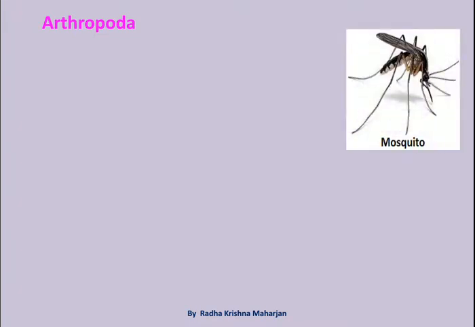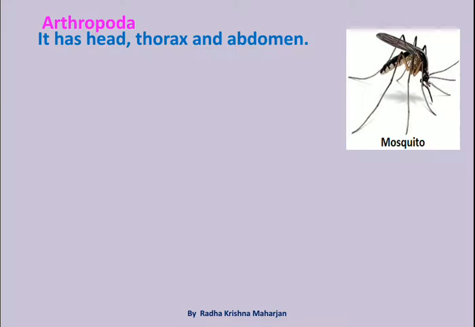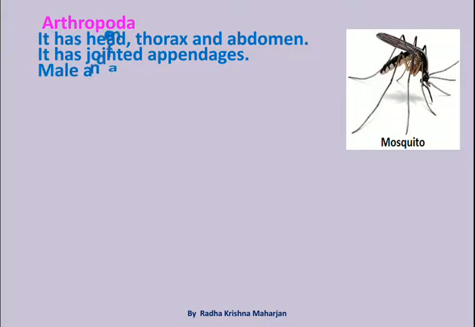Arthropoda. It has head, thorax, and abdomen. It has jointed appendages. Male and female are separate.